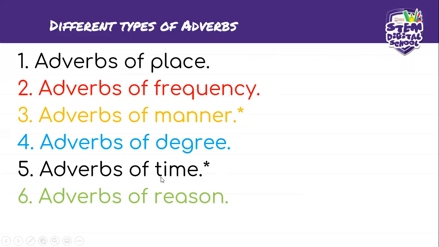The adverbs of time answer the question when or how long. And the adverbs of reason answer the question why. Okay, so these are the 6 adverbs in a nutshell. That is what they do, and that is why they are as significant as they are.